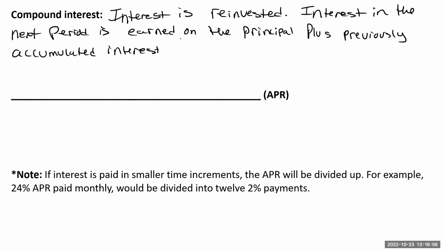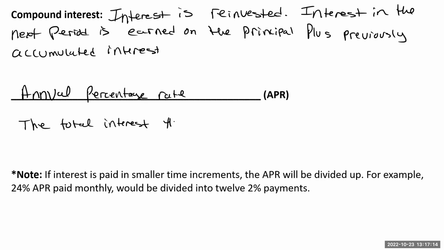You've also probably heard of APR. APR stands for annual percentage rate. You probably heard of that with your credit cards. APR means the total interest that will be paid in the year.